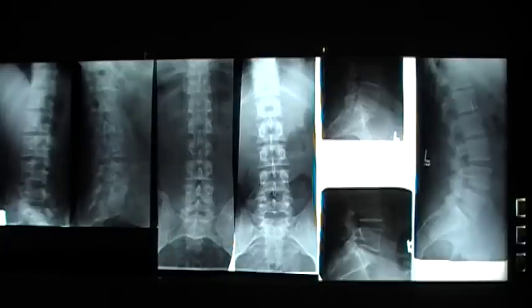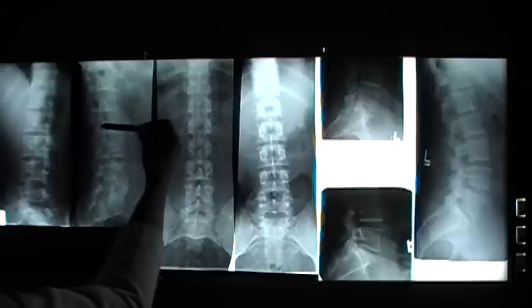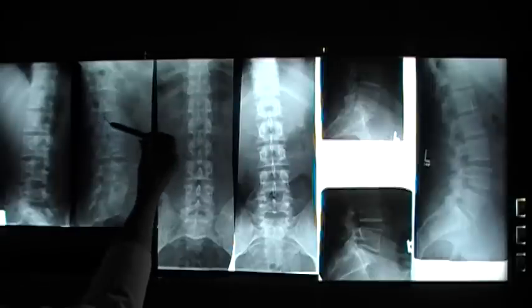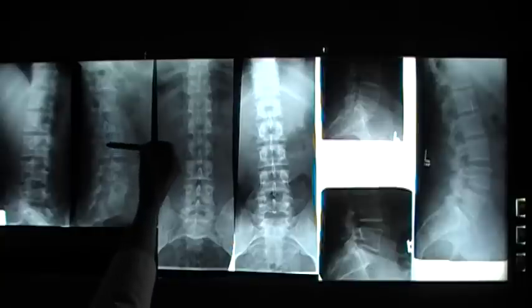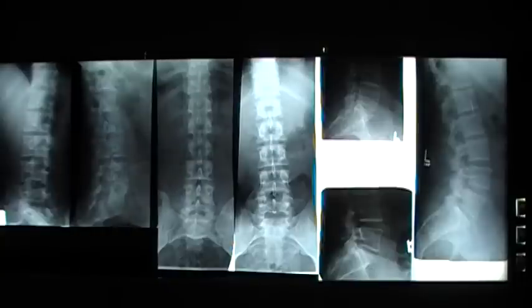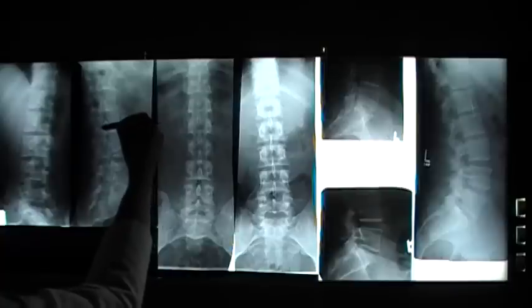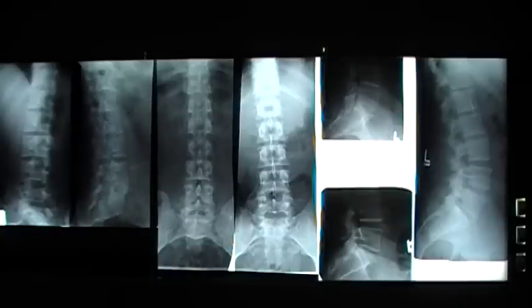Now, the structures that we are looking at: the ear is the superior articulating process, the nose is the transverse process, the front leg is the inferior articulating process, the eye is the pedicle. This area where the neck would be on the dog, that's the pars.